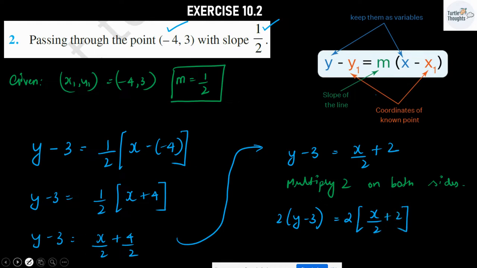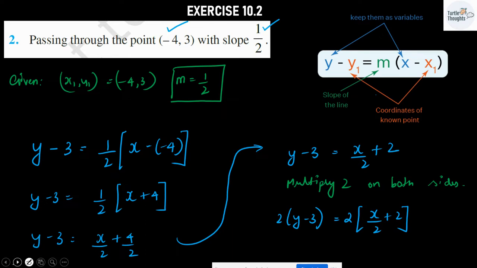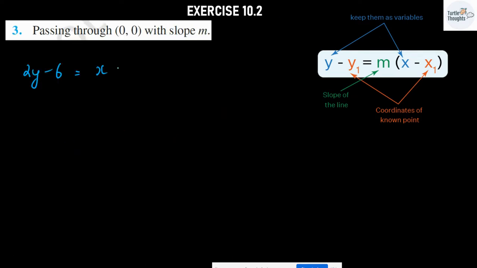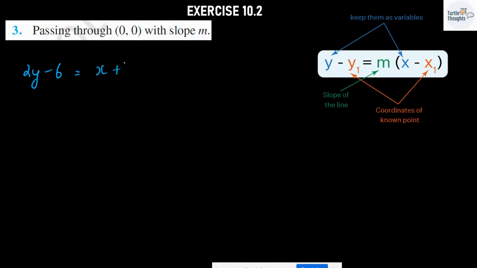Right? When I solve this, I will be getting 2y minus 6 is going to be equal to 2 into x by 2, I can write as x itself, plus 2 into 2 can be written as 4. 2y minus 6 is going to be equal to x plus 4.